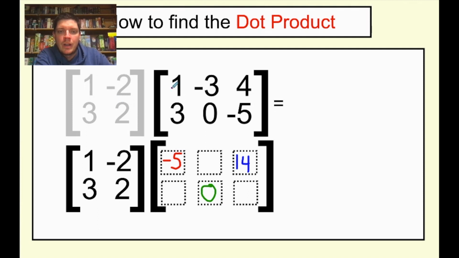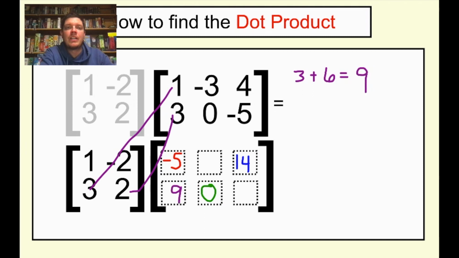So I'm going to do 1 times 3 is 3, 3 times 2 is 6, and I'm going to add those together, and this is going to be 9. So this number right here was the number 9. Hopefully you got that. If not, see if you can track where your mistake was.